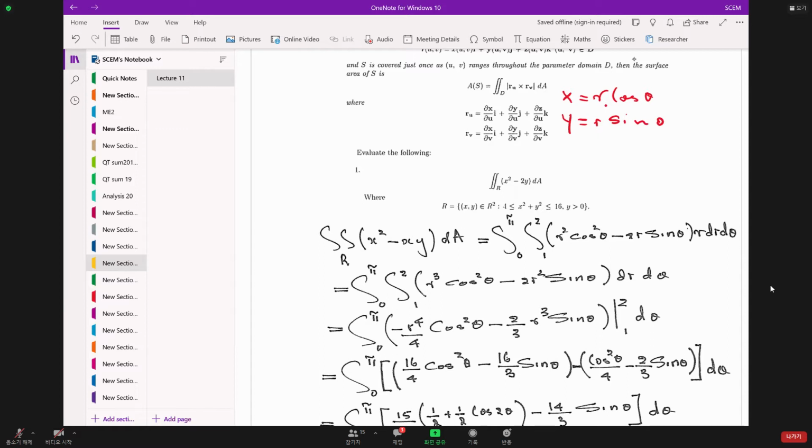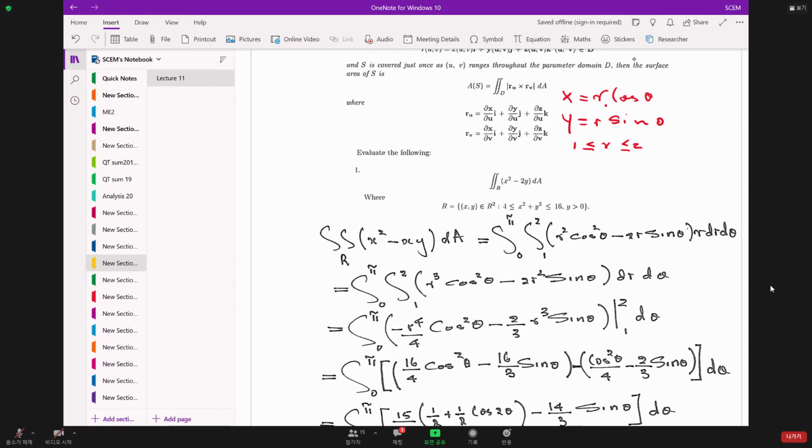So x squared plus y squared is equal to r squared, and r squared goes between 4 and 16. In other words, r is greater than or equal to 2... r is between 2 and 4.